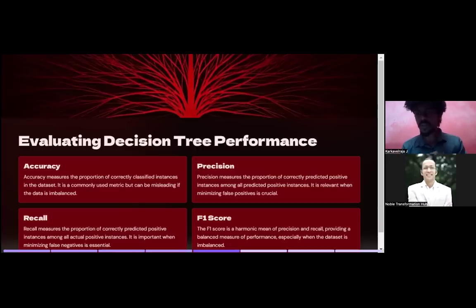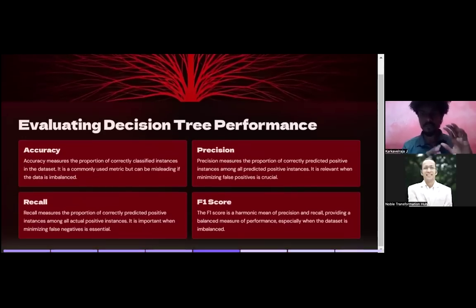Now we are moving on to the decision tree algorithm. This is a continuation of the previous session, so make sure you have watched it. Without wasting any time, let's move on to today's session.